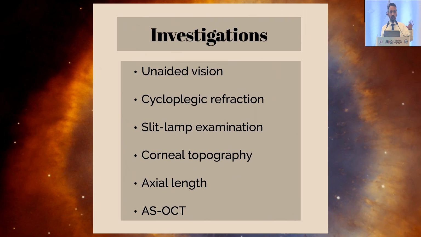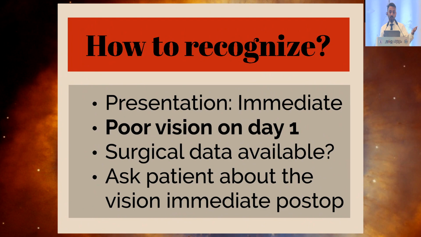Before we go to that, there are certain investigations which are mandatory when you're looking at post-LASIK refractive error. One is unaided vision, cycloplegic refraction, which is an absolute must, a good slit lamp examination, corneal topography, axial length, and anterior segment OCT.